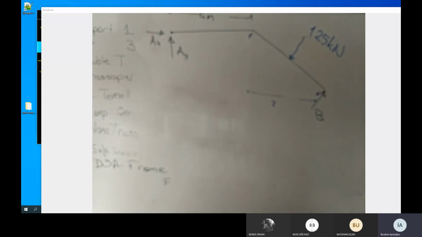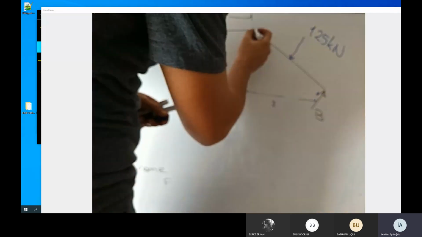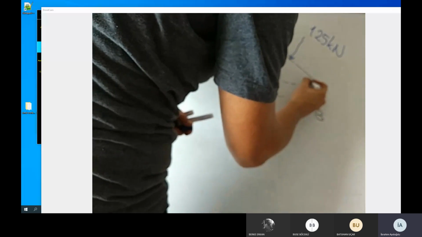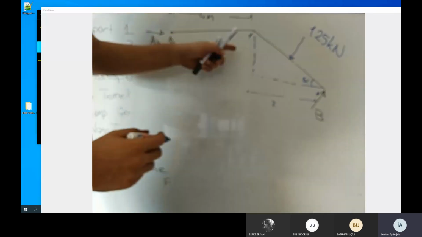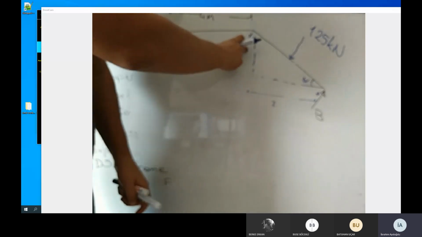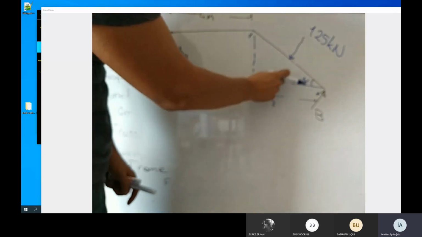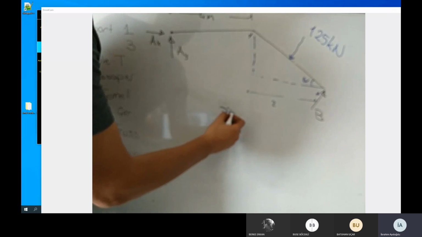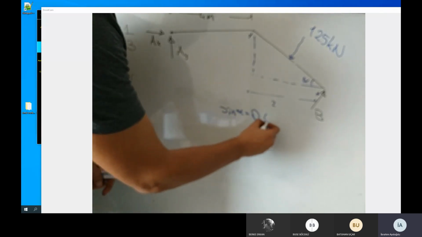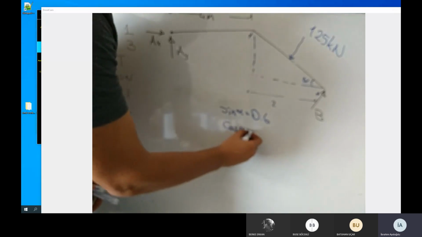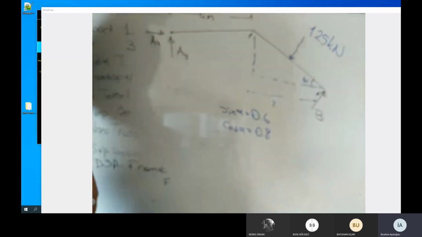Let's start by finding this angle, alpha. What is alpha? 3, 4, 5 from high school. You remember that? 1.5, 2, 2.5, or 3, 4, 5. So sine alpha is equal to 0.6, and cosine alpha is equal to 0.8.